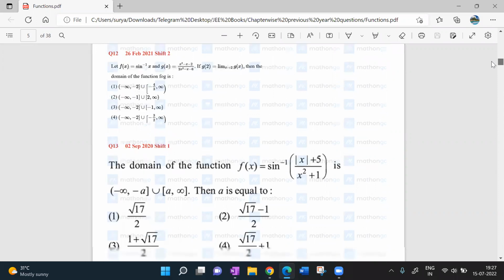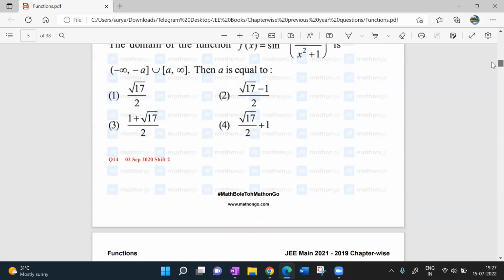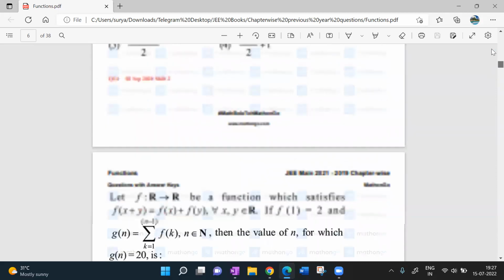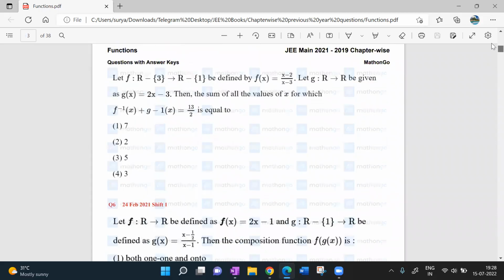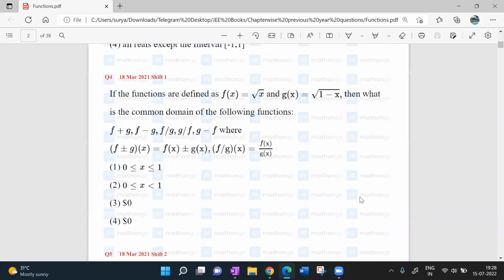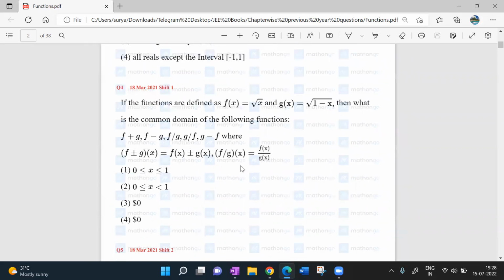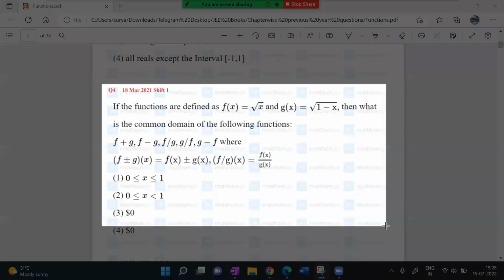Mohammed ji, are you here? Yes. Now everyone solve this question. I think he is not responding here. Everyone solve this question, guys.